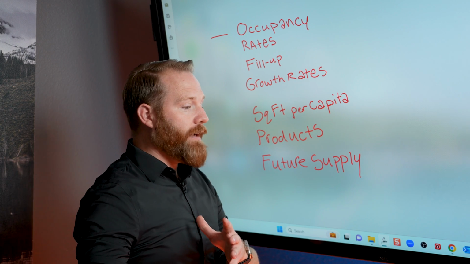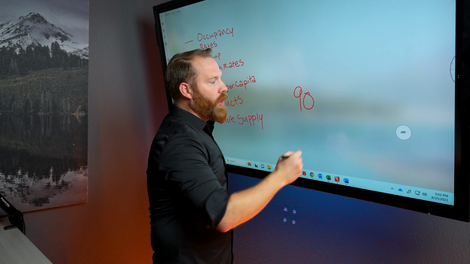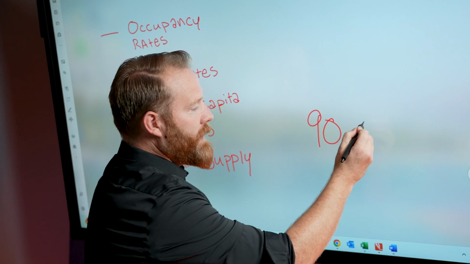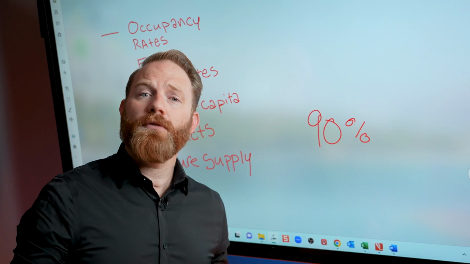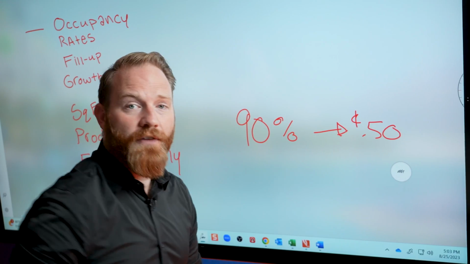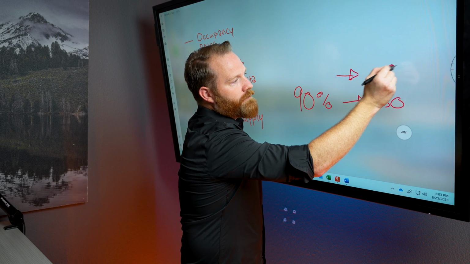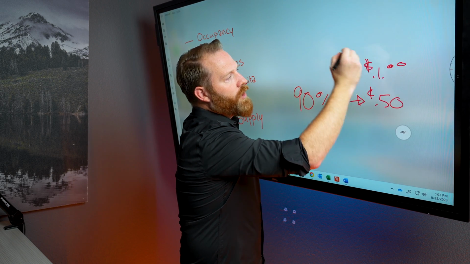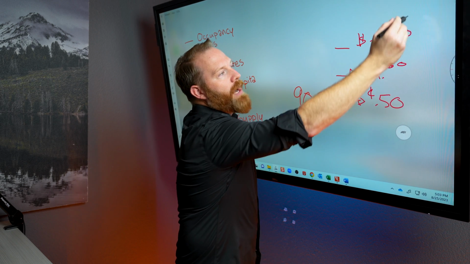Now you may say, AJ, if you have 90% occupancy at all of the facilities, 90% means there's demand. Well, let me ask you this. 90% at 50 cents a square foot, or 90% at $1 a square foot, or $2 a square foot a month?